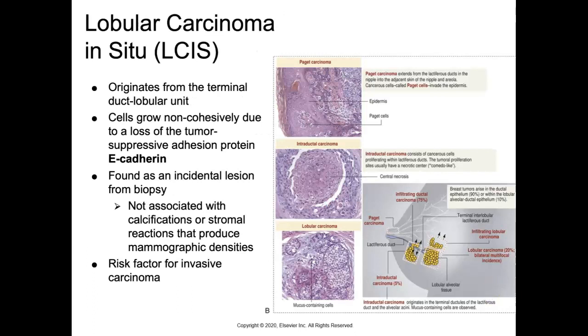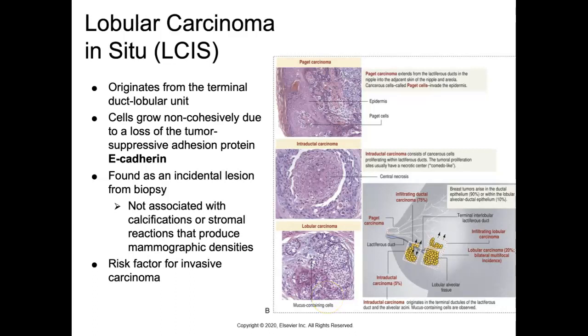So let's look at lobular carcinoma in situ now. This is going to originate from the terminal duct lobular unit, and we see that it has more of a uniform appearance throughout, and the cells are going to expand, but they don't necessarily distort involved spaces. And the cells start to grow in a non-cohesive manner due to the loss of a tumor suppressive adhesion protein known as E-cadherin.